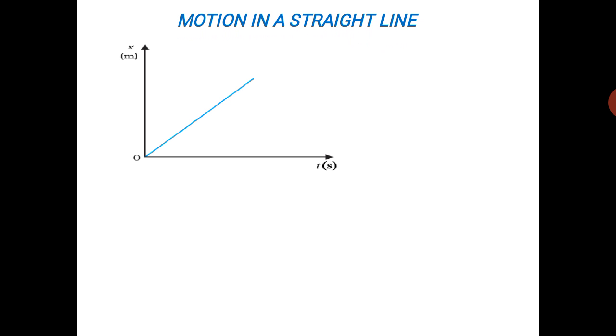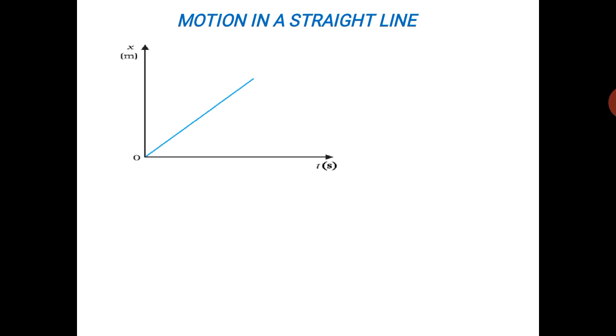Now see this graph. At t equal to 0, the position is 0, hence the point is at the origin. Go on increasing the time, the corresponding position also changes.